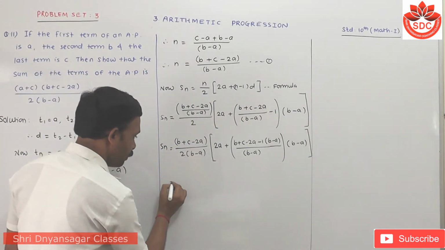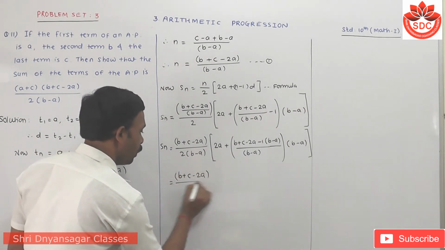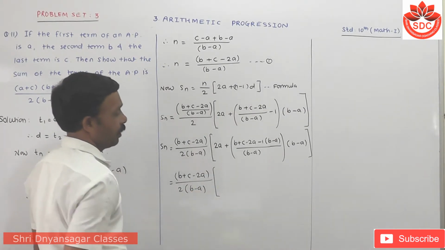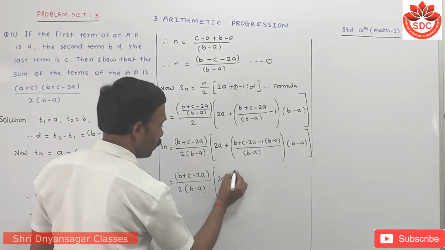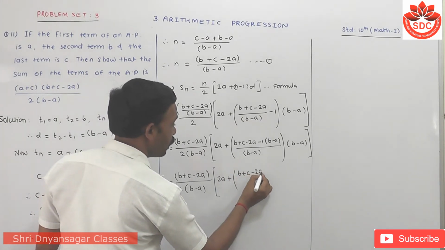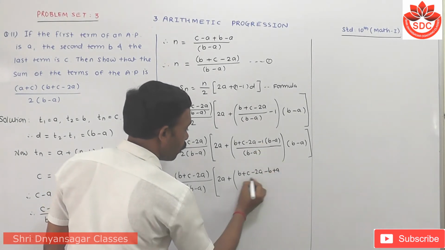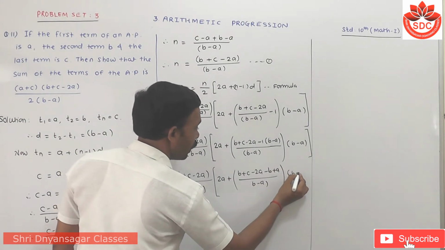Look carefully, the steps are (b + c − 2a) upon 2(b − a) in bracket, this is 2a as it is plus, again look carefully, (b + c − 2a), this minus 1 multiplied becomes plus a, upon (b − a), into (b − a).